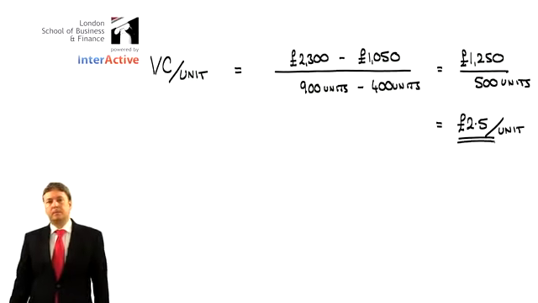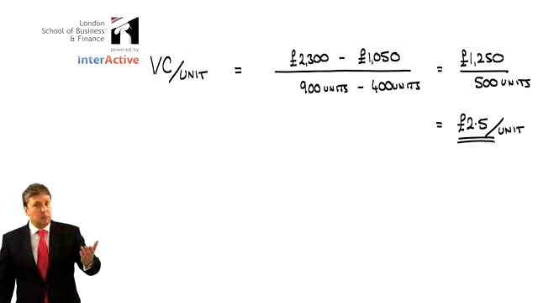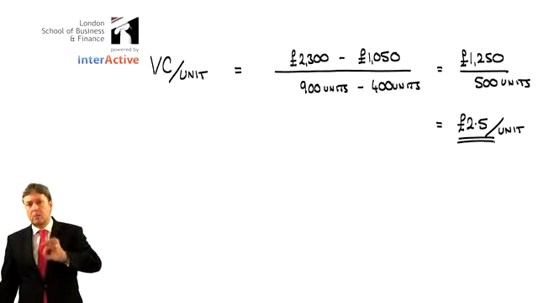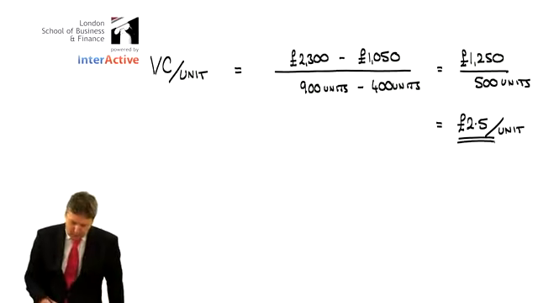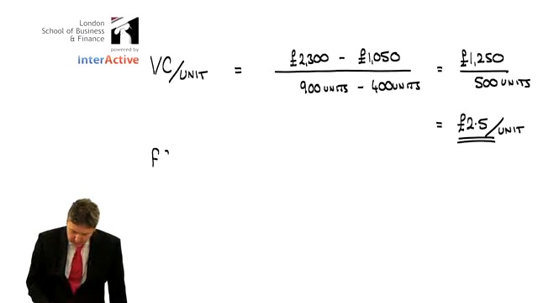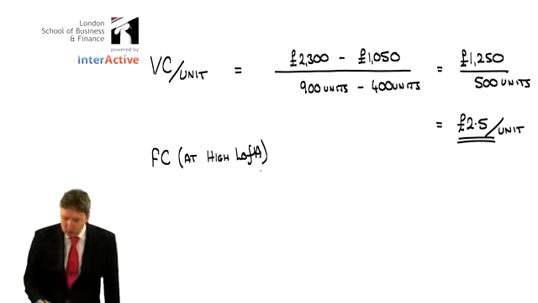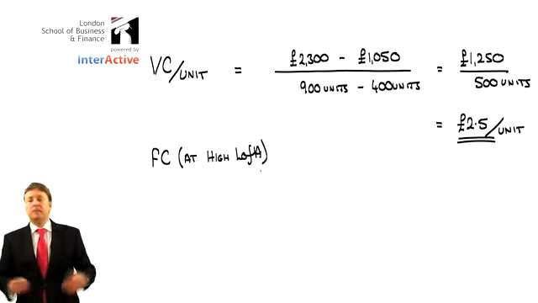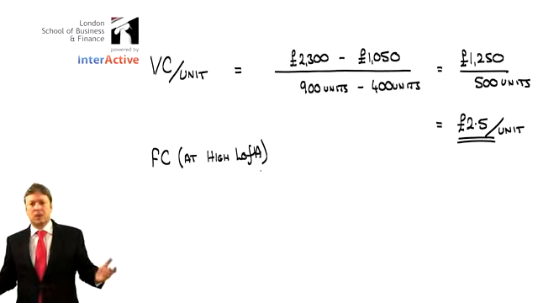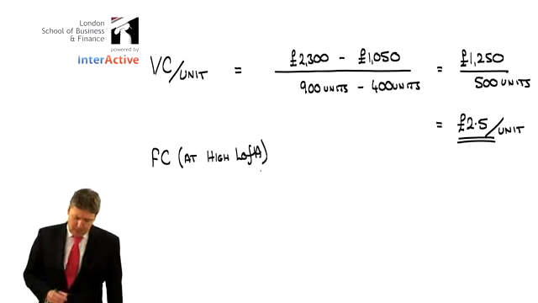Not too difficult. Once we've got there, all we have to do is to pump those numbers back in to establish the fixed cost. What we typically do is to look at the fixed cost at the high level of activity. Of course, it doesn't matter whether we use the high or the low, but invariably when I ask students, they always go for high. Don't ask me why.